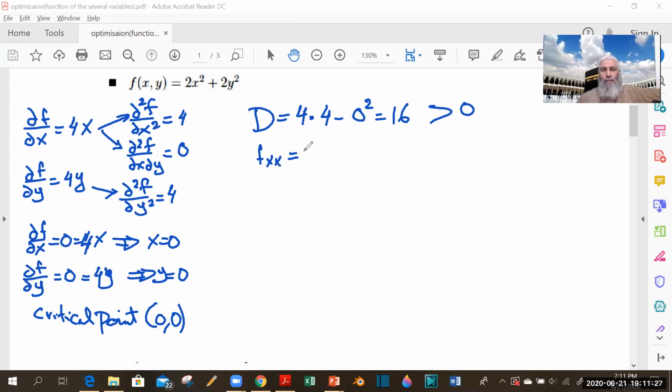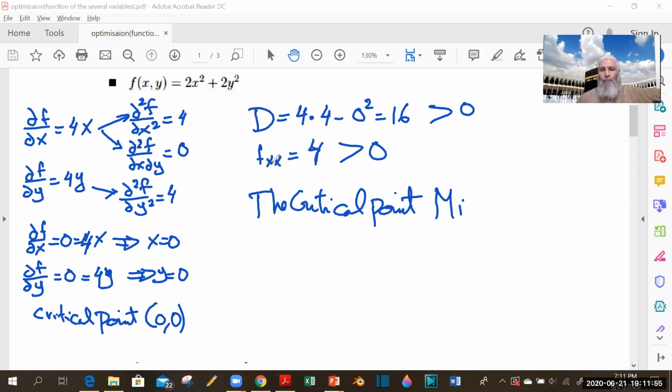So what is fxx? It's d squared f dx squared, so it would be 4. This is greater than 0, so the critical point is a minimum.